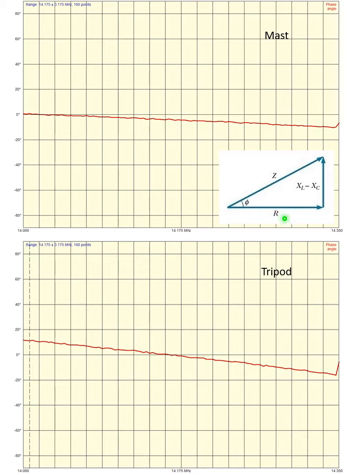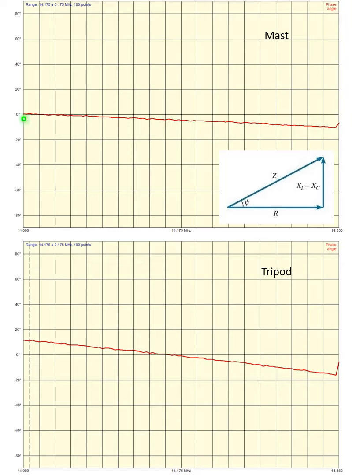The vector sum of the resistance and the reactance gives you what's called the impedance, and the length of this vector, the Z vector, is the magnitude of the impedance. We'll look at that a little later. So the impedance can be described as the magnitude Z at an angle, in this case, phi.